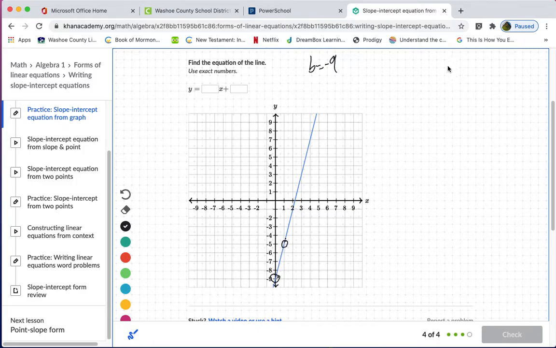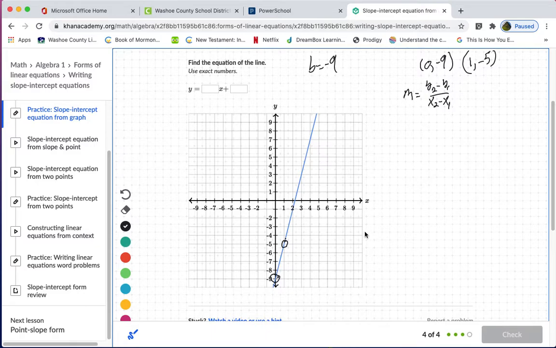We have a point at 0, -9, and 1, -5. And we could use that to find our slope, because remember m is equal to y2 minus y1 over x2 minus x1, but we're going to save that more for the next one.